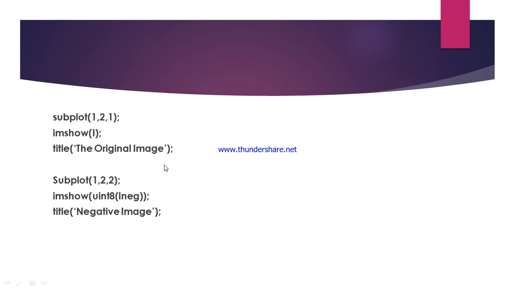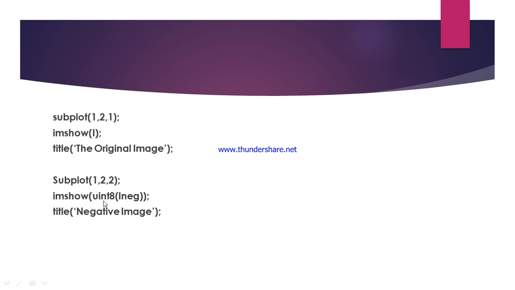To see the negative image, I will again use the subplot command. Subplot here basically splits the screen according to our requirement. So subplot(1,2,2), where this 2 will represent the second image.